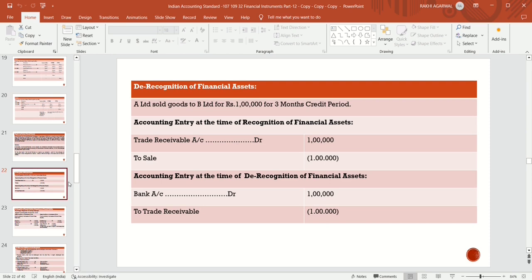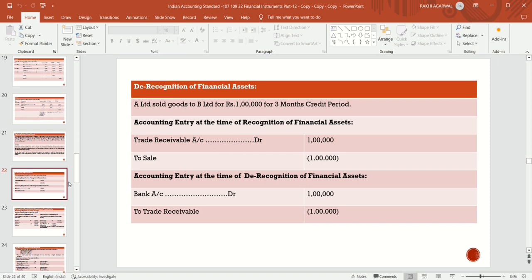When should it be de-recognized? Suppose A Limited sold goods to B Limited for rupees 1 lakh with a 3 months credit period. In the books of A Limited, at the time of recognition, A Limited will recognize trade receivable account debit by 1 lakh, because the goods are sold on credit for 3 months.